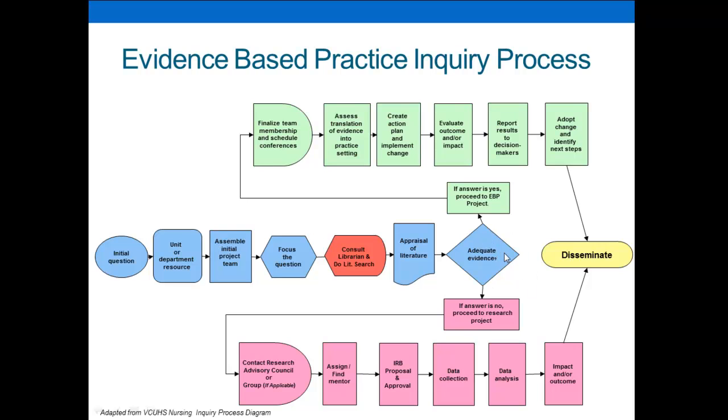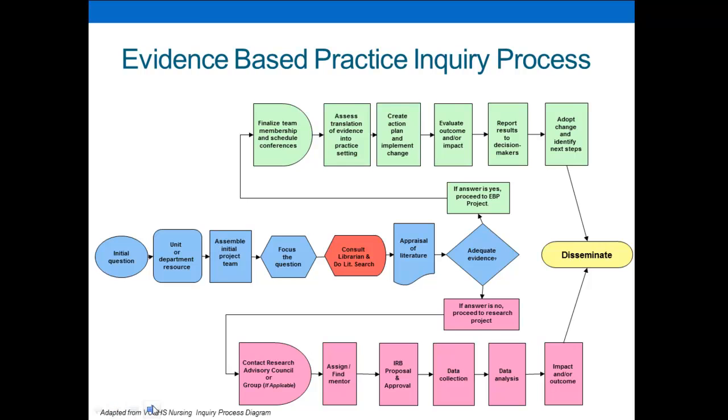If you feel, based on your searching and your inquiry, that there is adequate evidence, then it becomes an evidence-based practice project. If not, it becomes more of a research project in which you're trying to answer a brand new question and come to some sort of determination. In any case, the main thing to do at the very end is to be able to disseminate that information and get it out there to improve patient care.